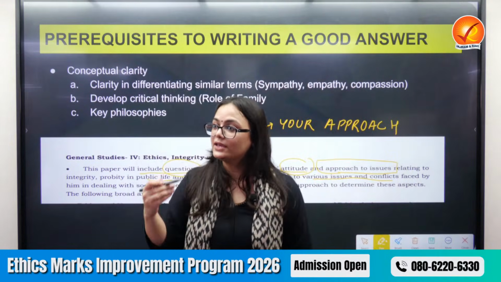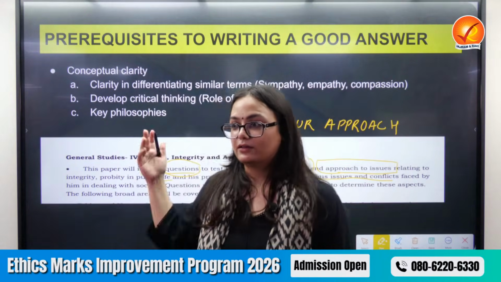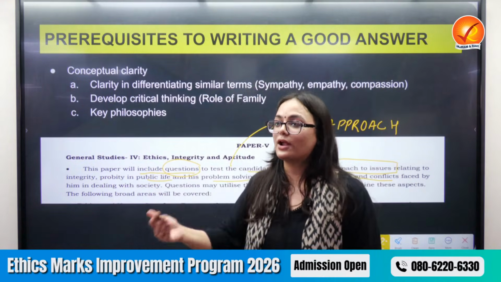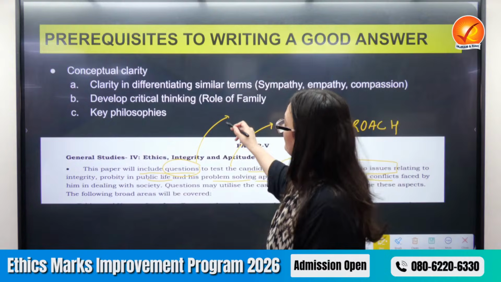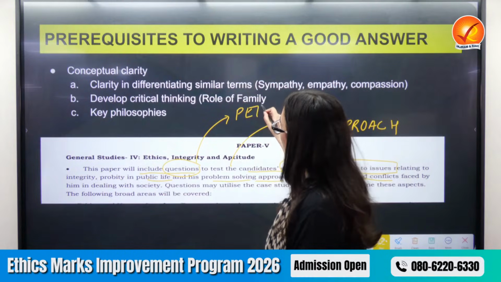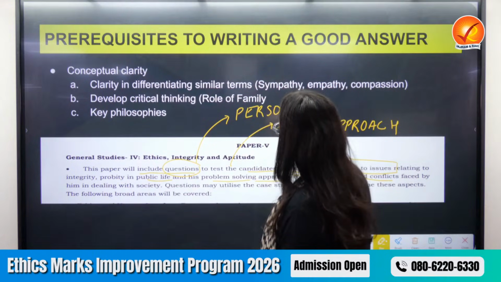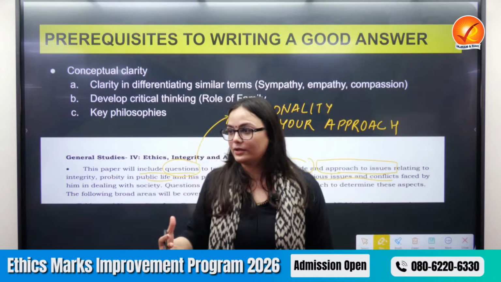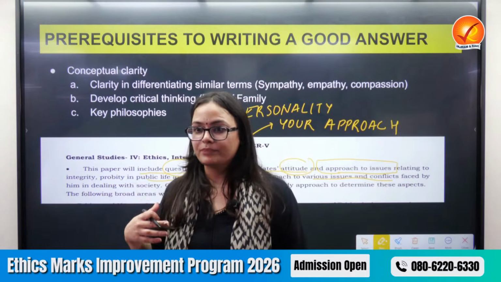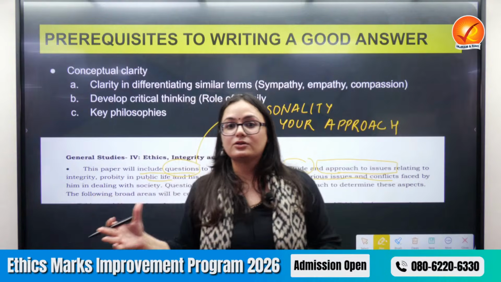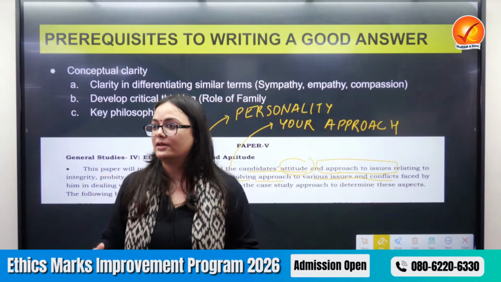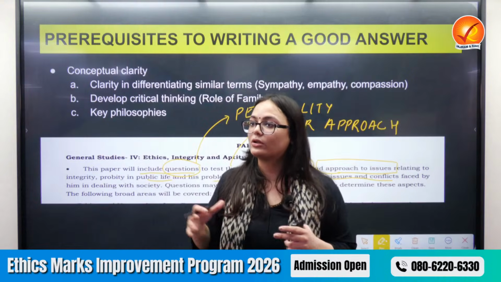How are we reading ethics as? Definitions. Definitions don't tell what is your attitude. So this is the only paper where you get to showcase your real personality. That, okay, I am a person of positive attitude, I am somebody of integrity, and when in a case study there is a close call between the right and the wrong option, I will any day stand by the right option, come what may.